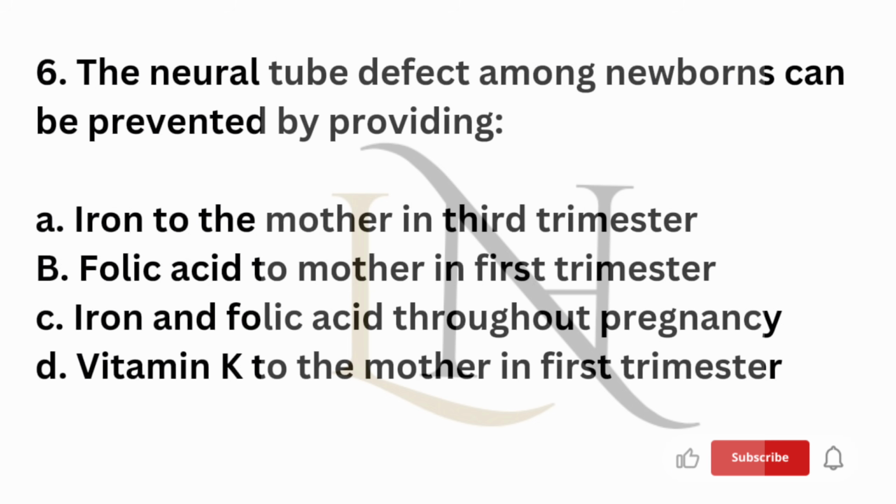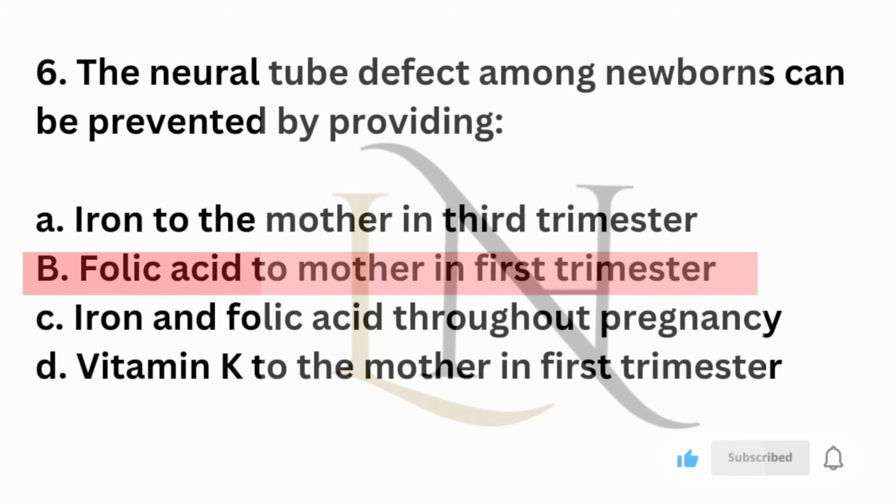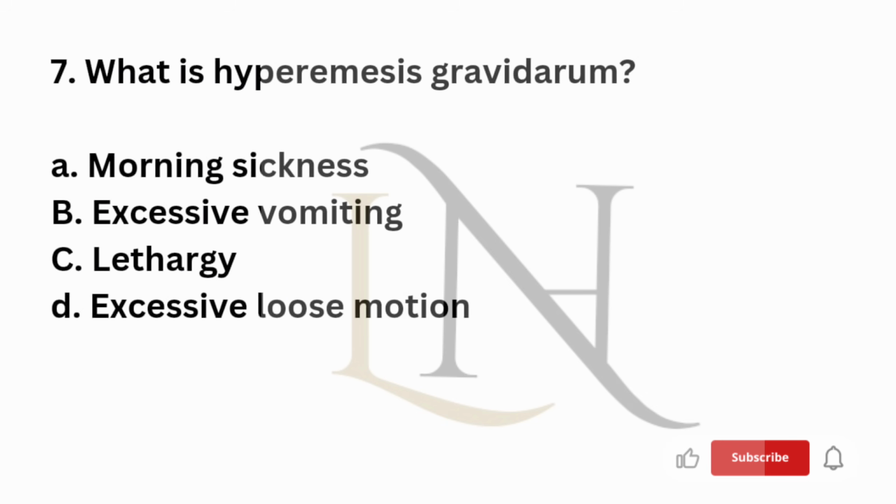Option D, vitamin K to the mother in first trimester. Correct answer. Option B, folic acid to mother in first trimester. So, folic acid dosage in pregnancy is 400 mcg. We can start it before 3 months of conception.